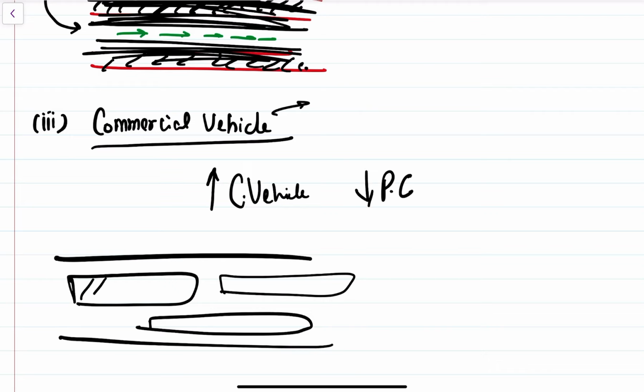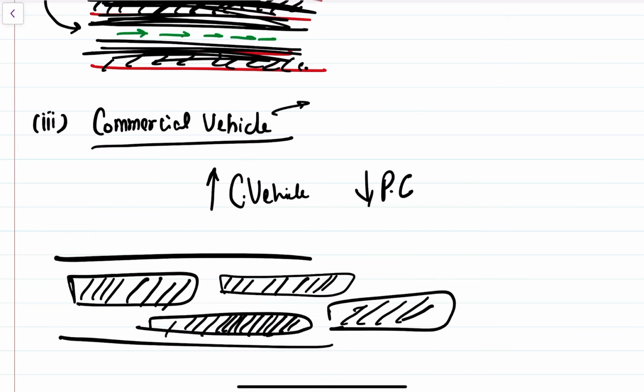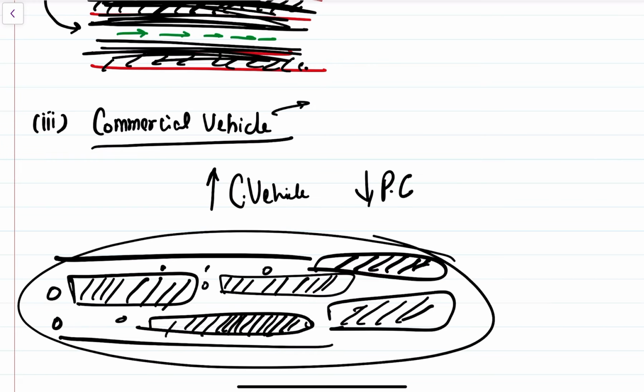Why? Because trucks move at a lower speed than private vehicles like cars and bikes. So if we have a high number of trucks in the road section, of course the vehicles following them will not have space to cross, so the number of vehicles crossing will decrease, right?